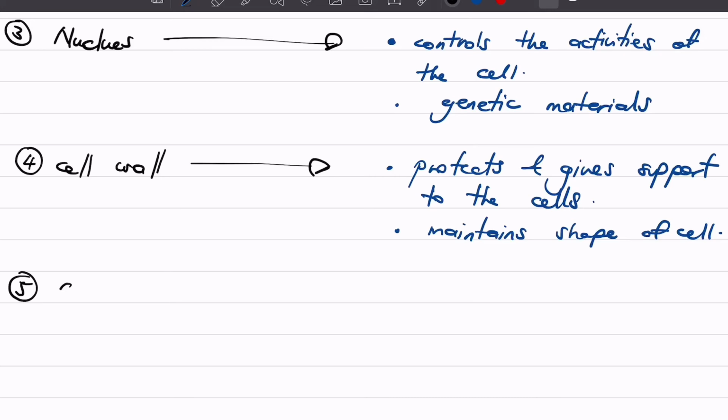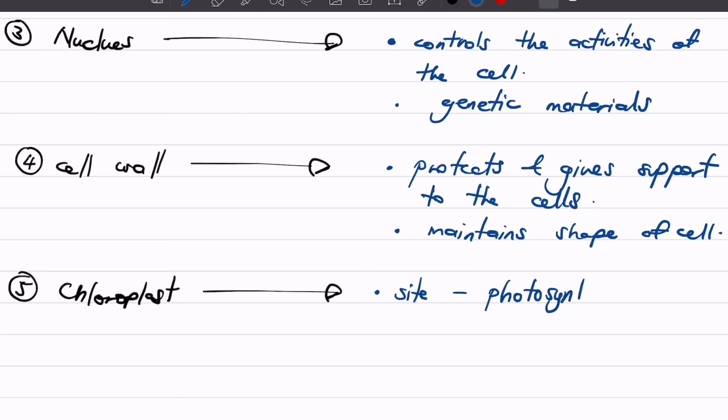The next one is the chloroplast. What is the function of a chloroplast? It is the site for photosynthesis.